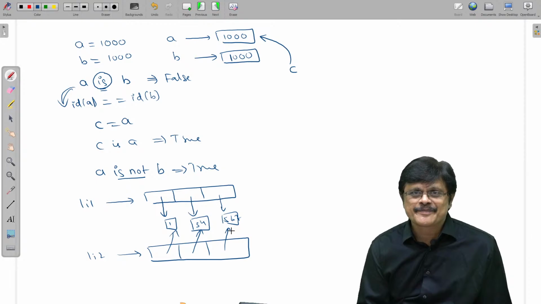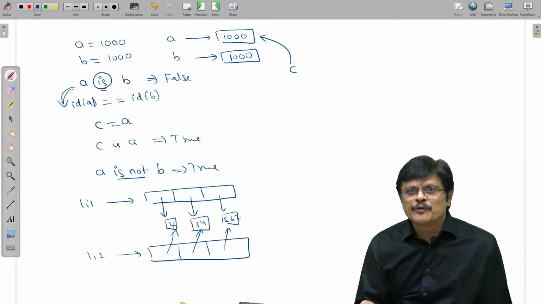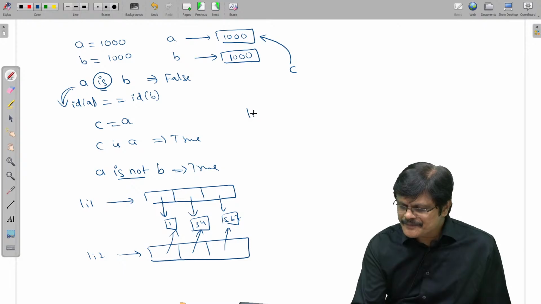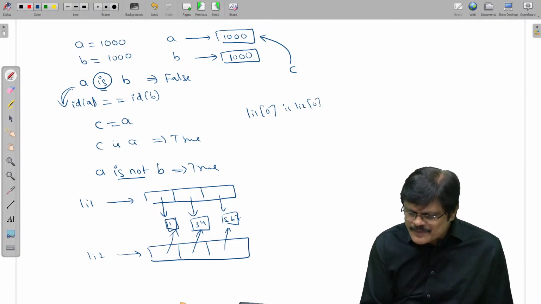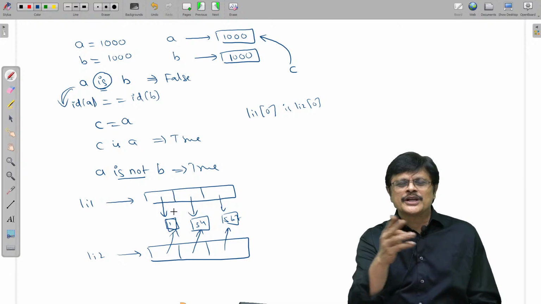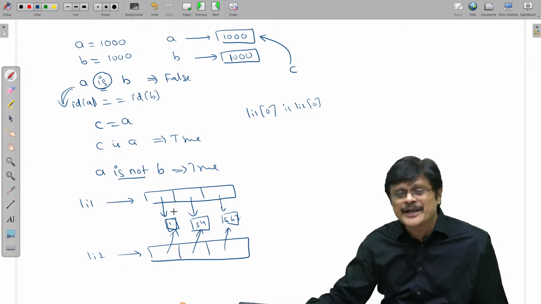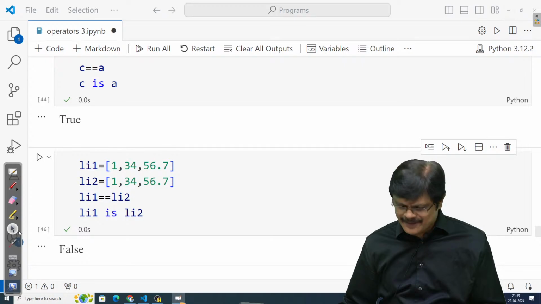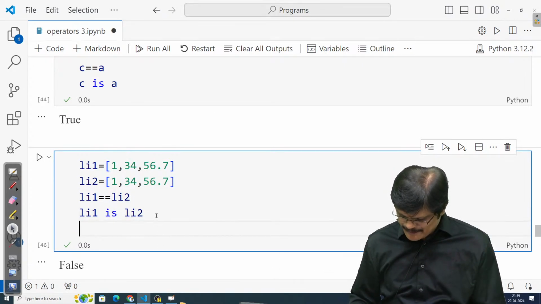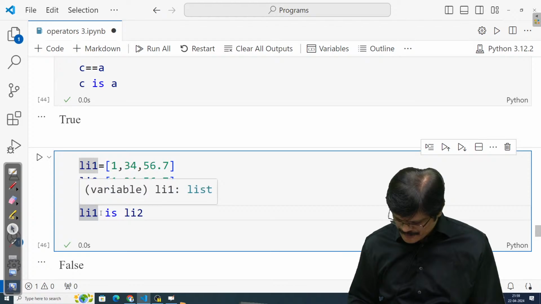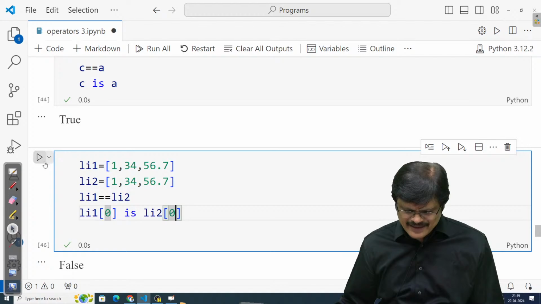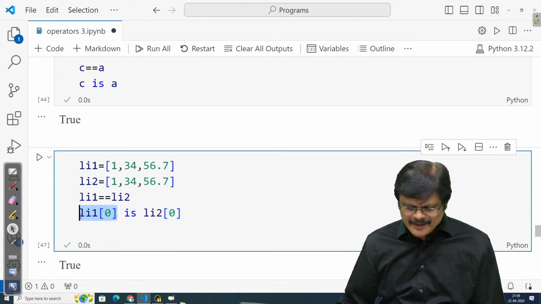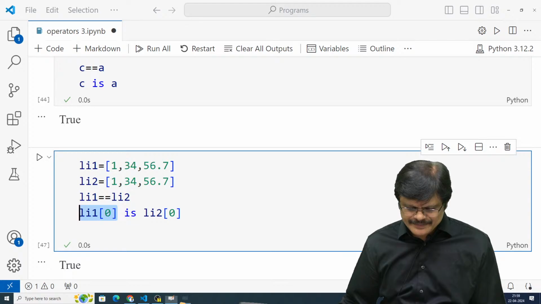If you compare list 1[0] is list 2[0], it is true, because I told you 0 to 256 is the same object. So that may happen. Why? Because there, one is created only once, and both are representing the same thing.